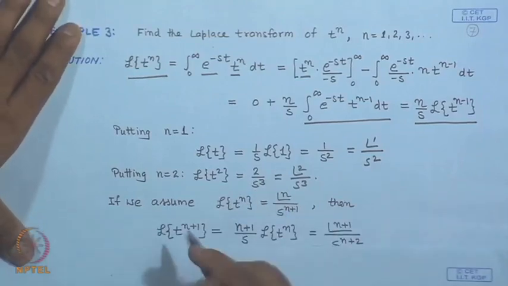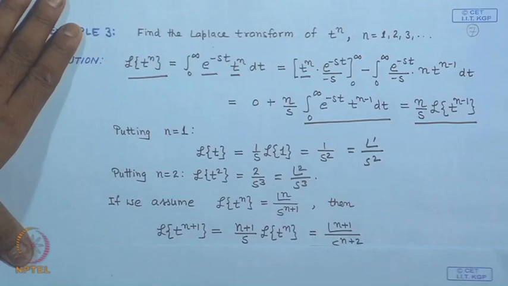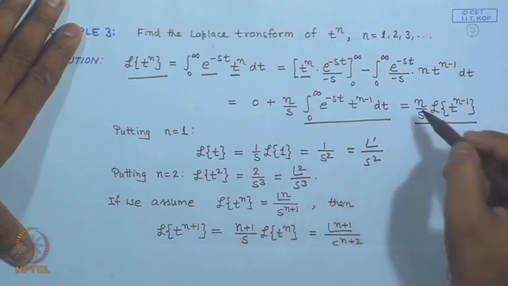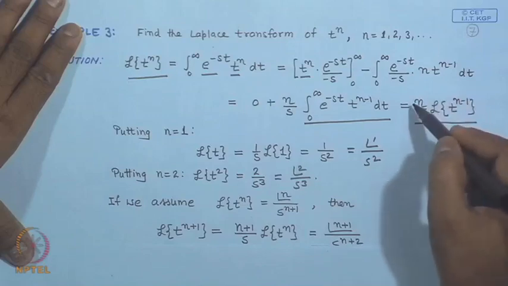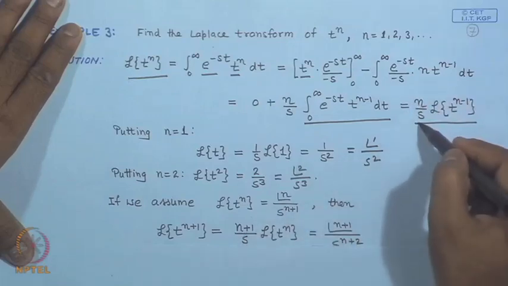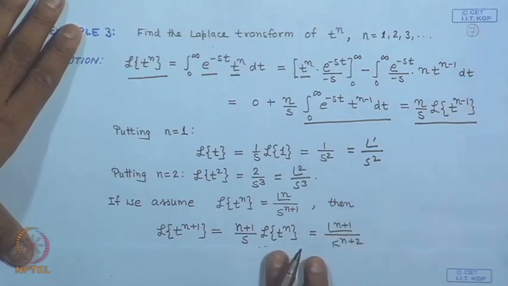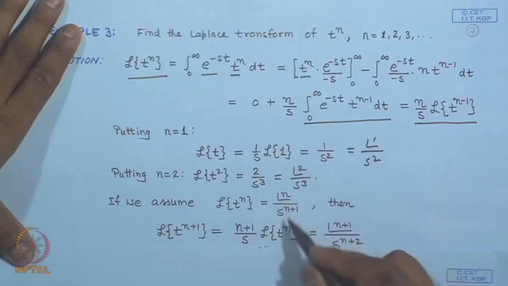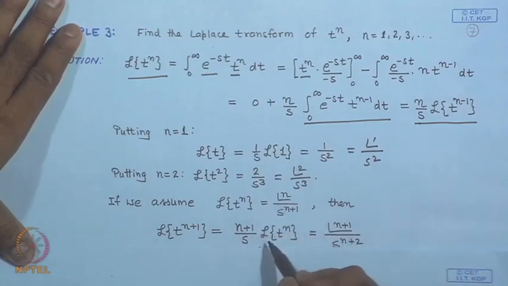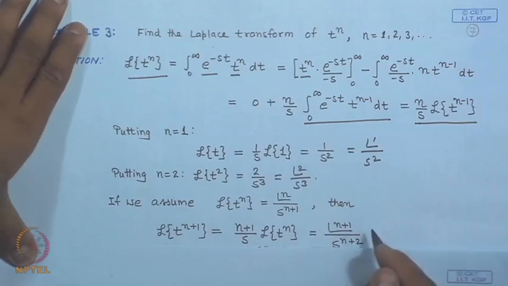So, we show that the Laplace of t n plus 1 is again by this recurrence relation. So, we have n plus 1 over s and the Laplace of t power n, and Laplace of t power n we assume that is factorial n over s n plus 1. So, we get this factorial n plus 1 over s n plus 2.